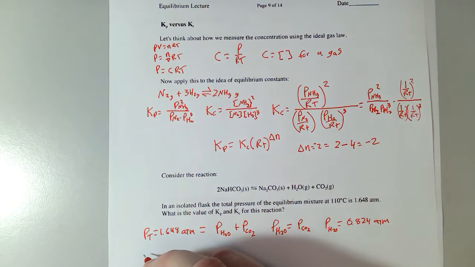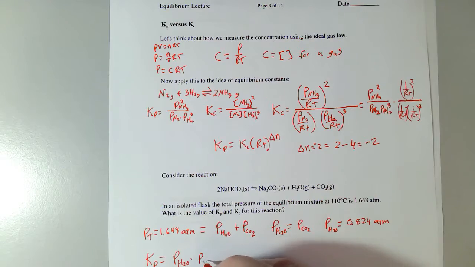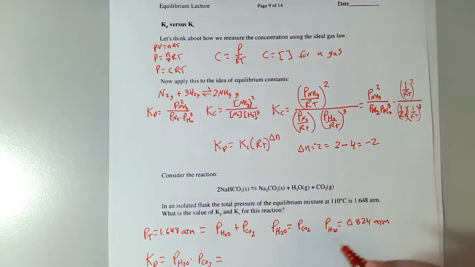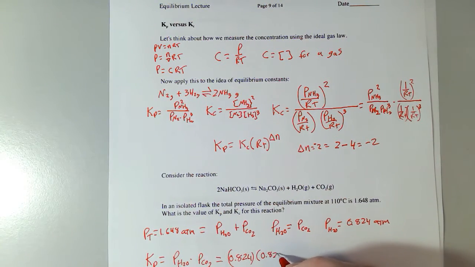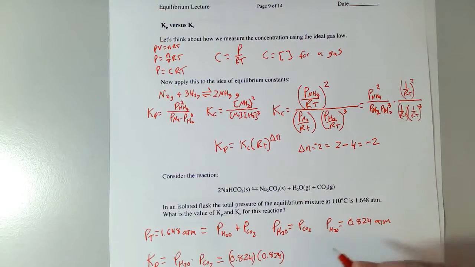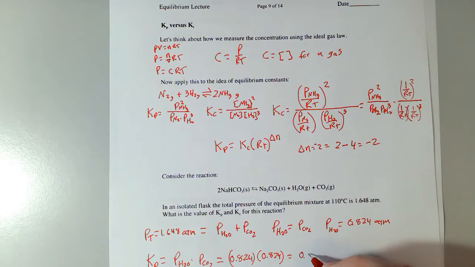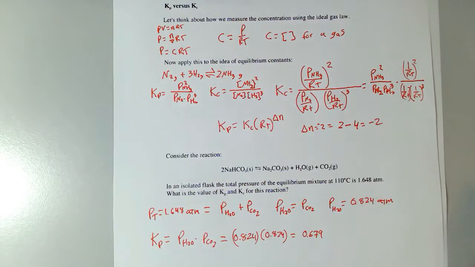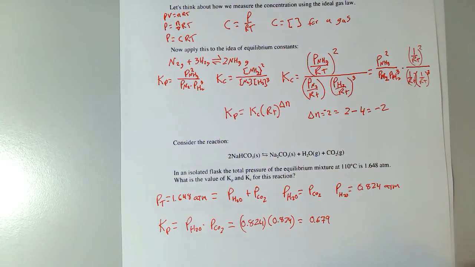Now, Kp numerically is going to equal the pressure of the water times the pressure of the CO2, which equals 0.824 times 0.824, and this equals 0.679, no units. All right?